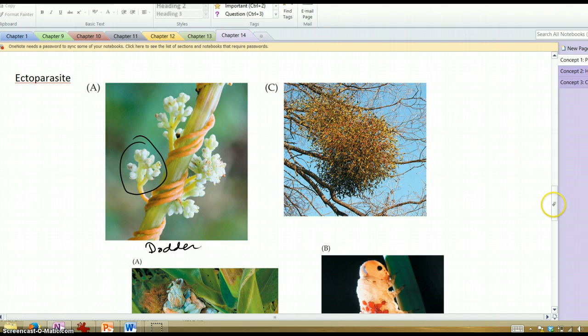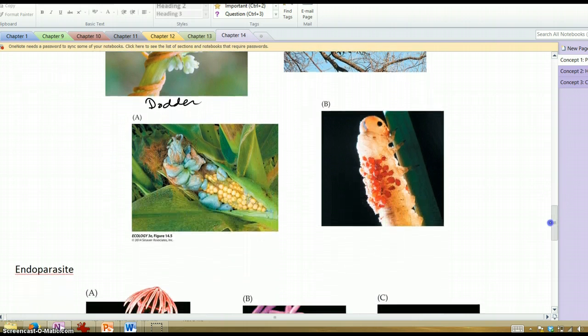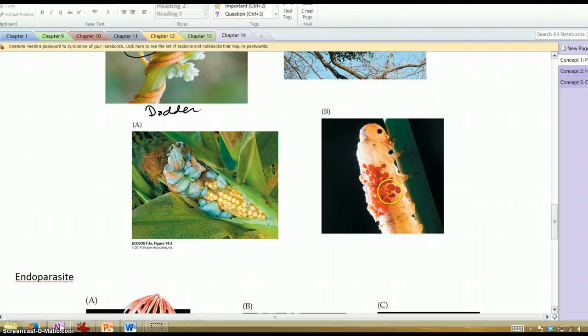So it's a flowering plant, but it doesn't photosynthesize and just parasitizes other plants. Other ectoparasites, corn smut, and here are these mites. There's an individual one that essentially are sort of sucking juices out of this caterpillar that they're parasitizing.